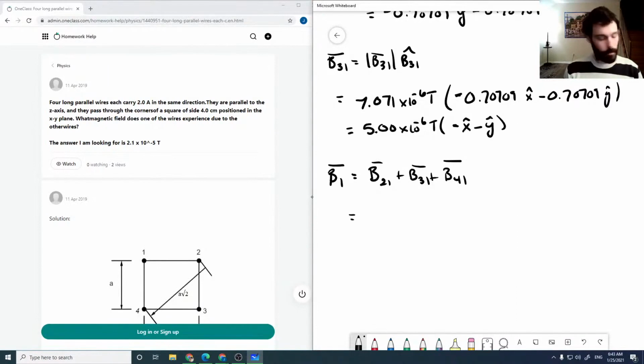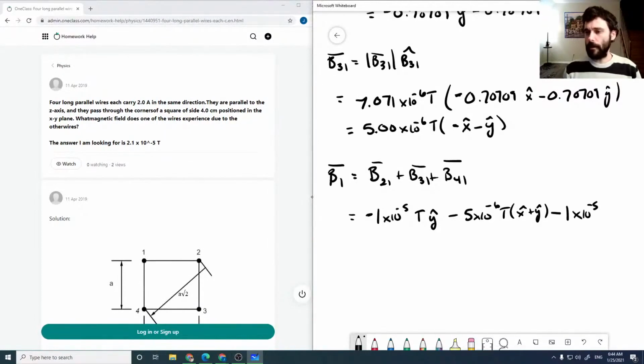Which is minus 1 times 10 to the minus 5 Tesla y hat, minus 5 times 10 to the minus 6 Tesla times x hat plus y hat. So I just took the negative out of there. And minus 1 times 10 to the minus 5 Tesla x hat.